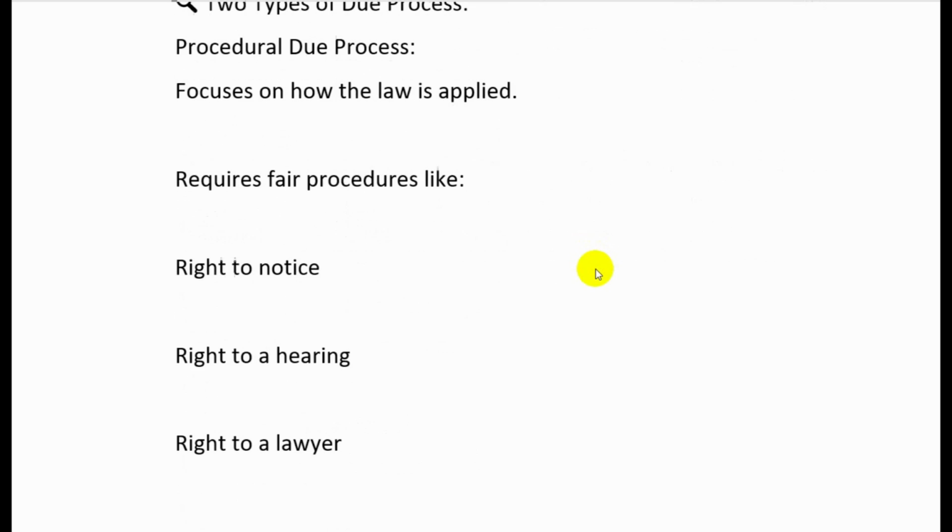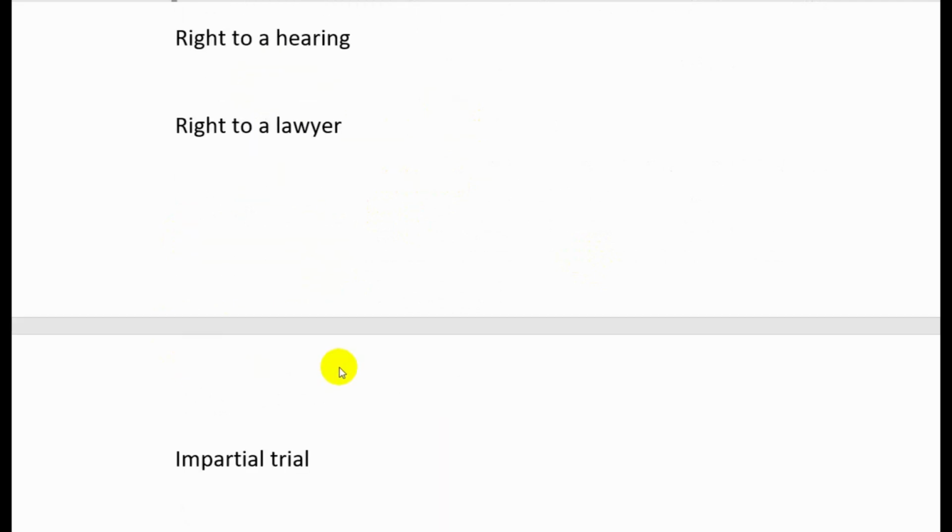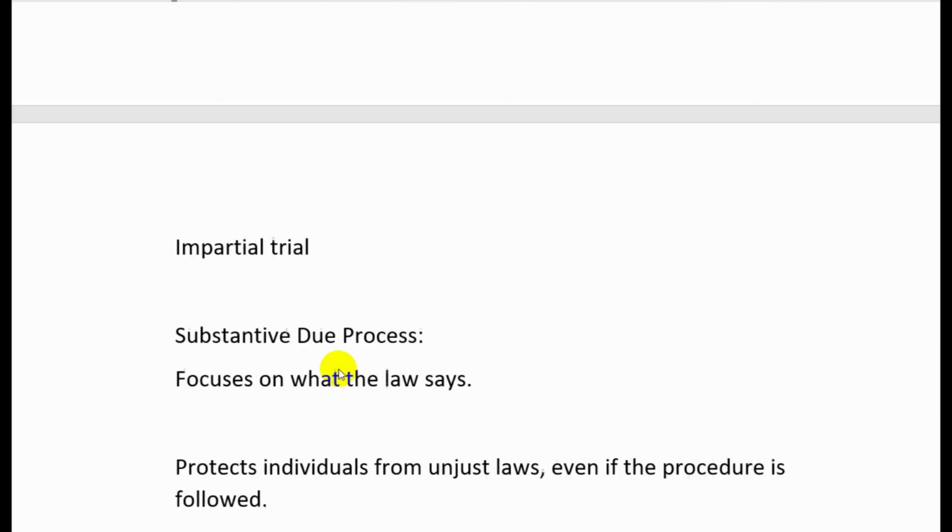The two types of due process are procedural due process, which focuses on how the law is applied, and requires fair procedures like right to notice. The notice needs to be given to the party, right to a hearing, he needs to be heard, a right to a lawyer, he has a right to have a lawyer present, and an impartial trial. Whereas substantive due process focuses on what the law says.